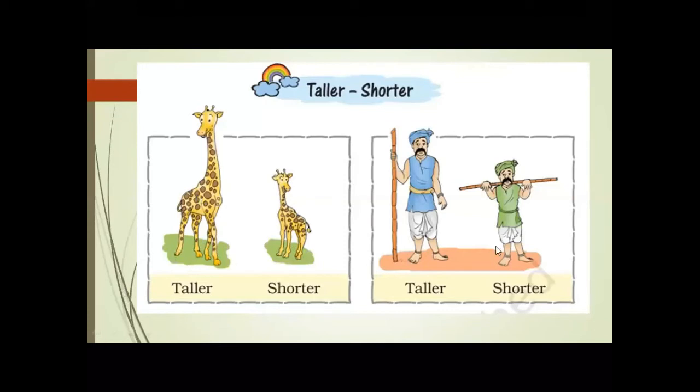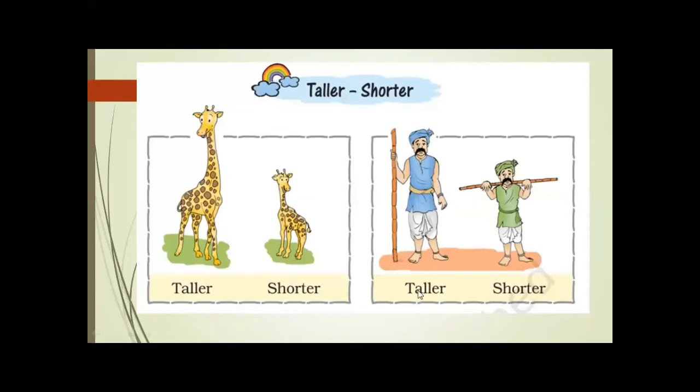Okay, next see the next picture. Here we see two men, and they both are different according to their length. This one is a small man, and this one is a tall man. So his height is taller.